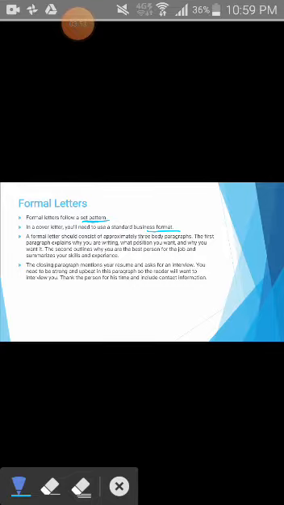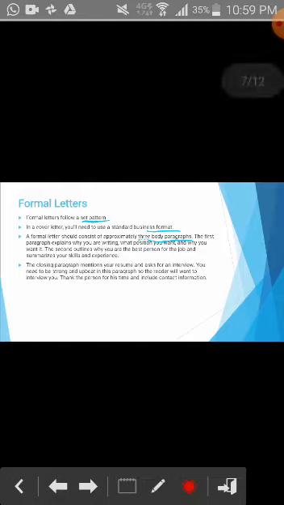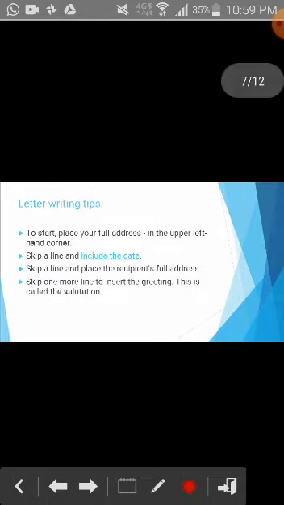Then there must be at least three body paragraphs in formal letter writing. Now the closing paragraph should mention the suggestions as well as the conclusion of that particular issue which is dealt with in that letter.